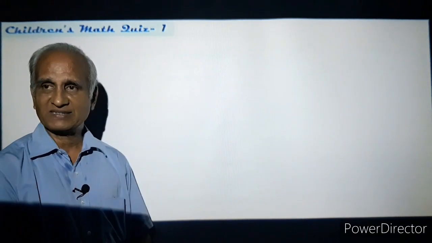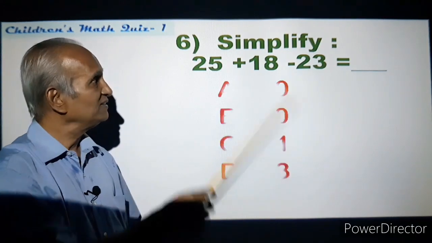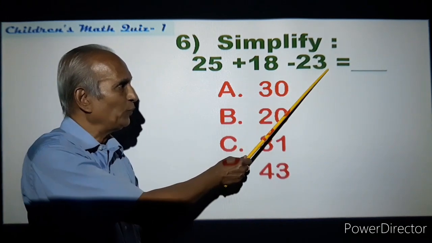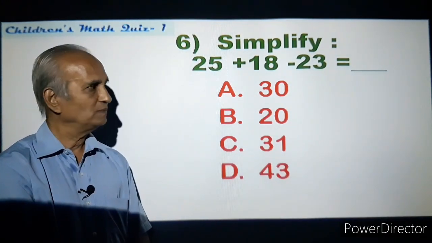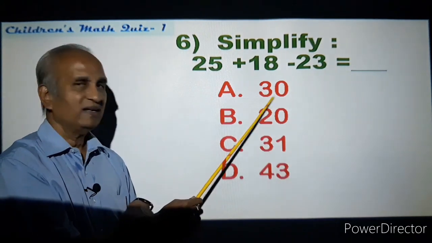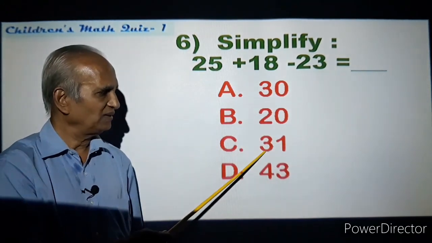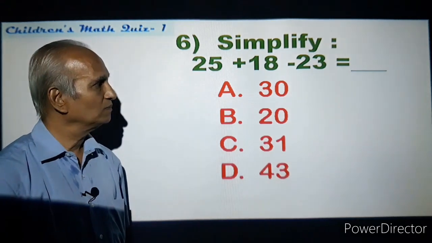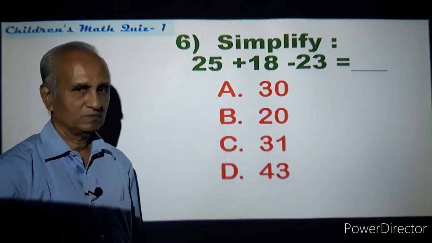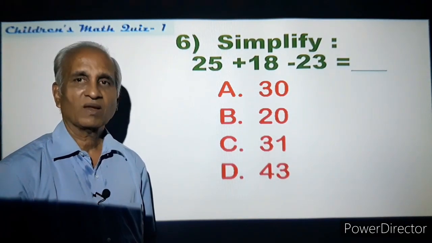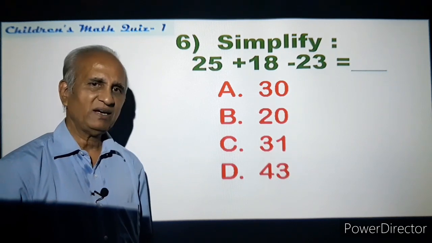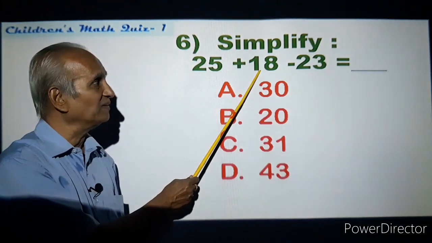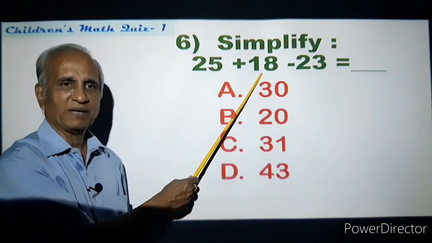Question number 6. Simplify 25 plus 18 minus 23. Answers are 30, 20, 31, 43. Again, a question where you need application skill. 25 plus 18, if you keep on adding, it takes some time.